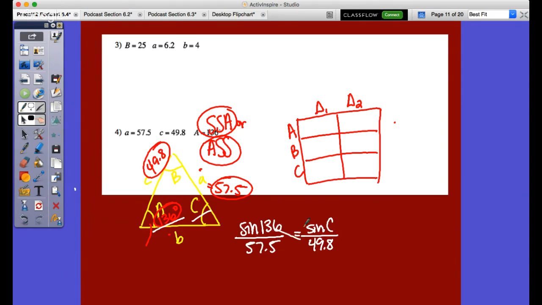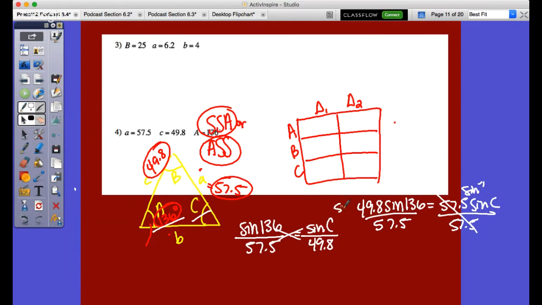So we could cross multiply here to get 49.8 sine of 136 equals 57.5 sine of big C. Divide by 57.5, and then take the sine inverse of both sides.